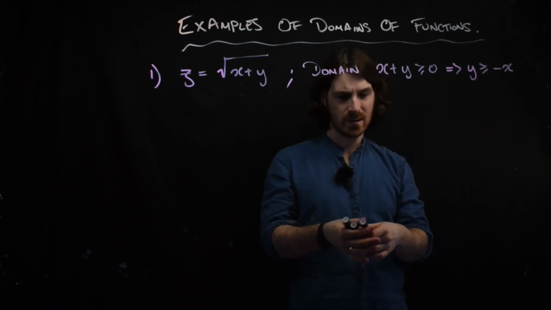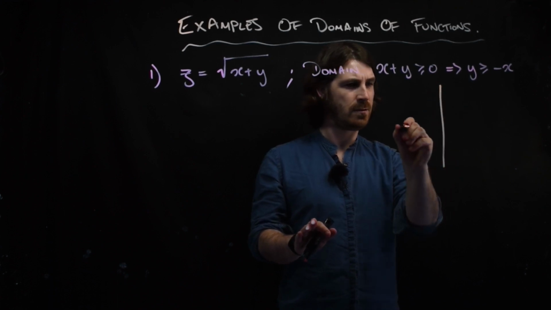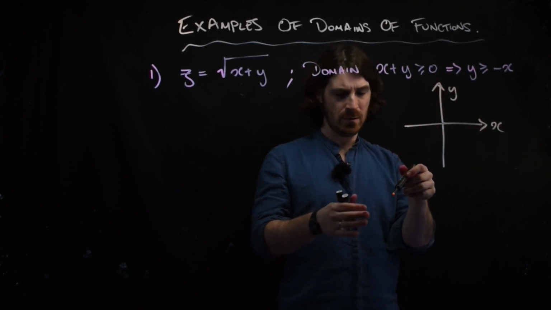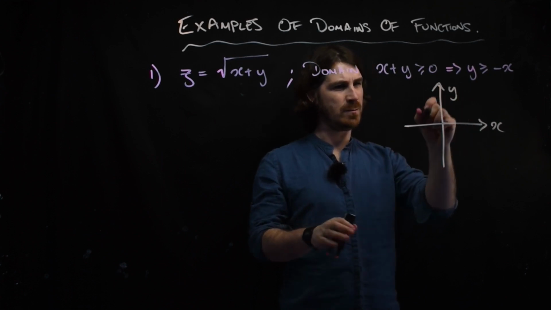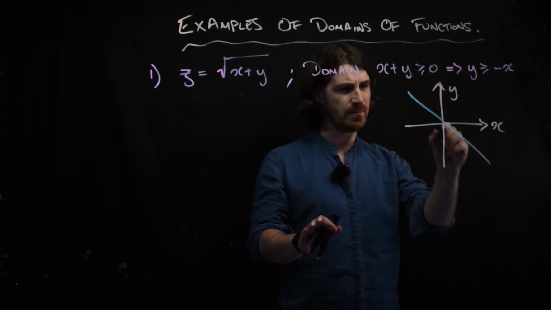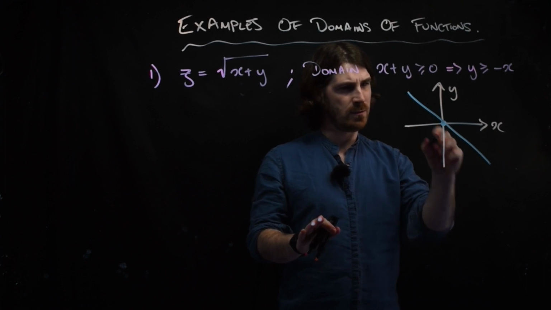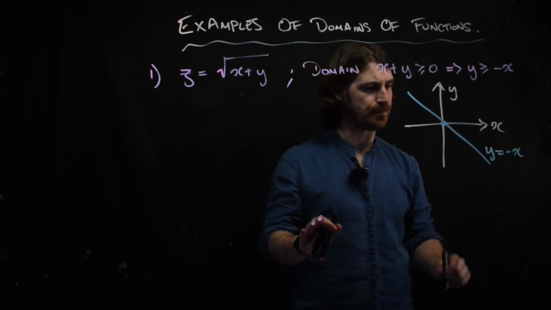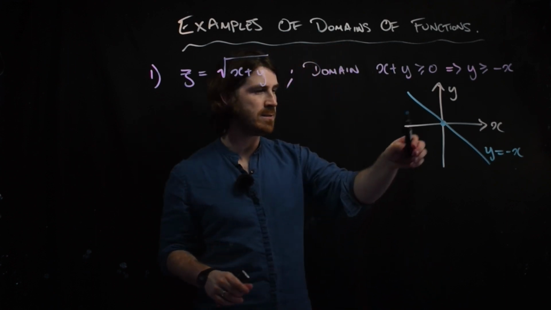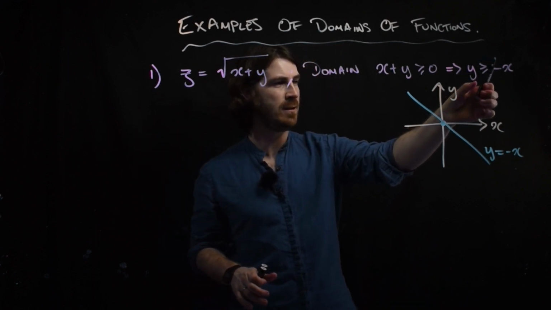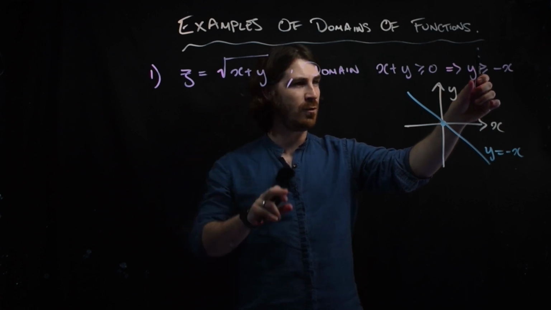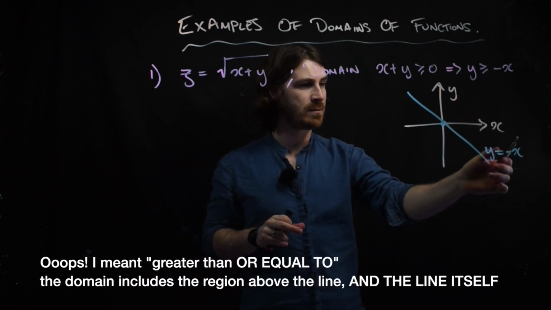So how do we visualize that? Let's have our x and y axis. The line y equals minus x is this thing, going through 0. The domain is telling us that the xy values are those that have y greater than minus x.